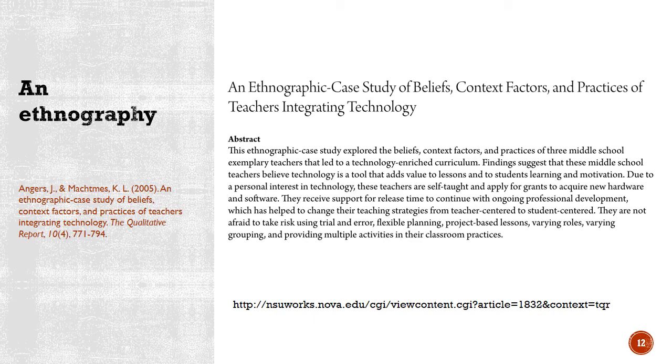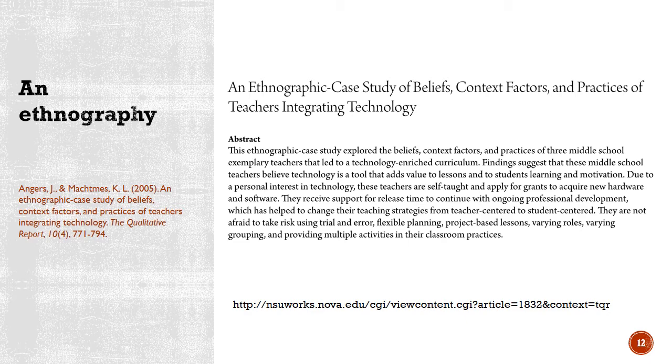And their findings directly follow from this purpose. So they discuss beliefs about technology, they discuss things that the teachers had to do to prepare, they discuss the types of support they had in their school environment, and they talk about the teacher's perspective in depth.